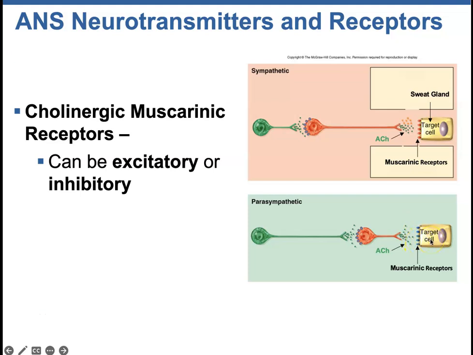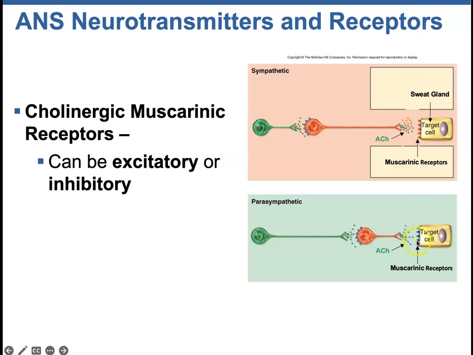If we are in a parasympathetic organ that is going to function and be stimulated under rest and digest, which means your digestive system, your reproductive system, and the formation of urine, these muscarinic receptors will function as stimulatory or excitatory. But if it's the parasympathetic neurons that connect to the postganglionic neuron on your heart and on your lungs, this one is going to secrete acetylcholine on the heart, and in this case the muscarinic receptors of the heart are actually going to be inhibited.